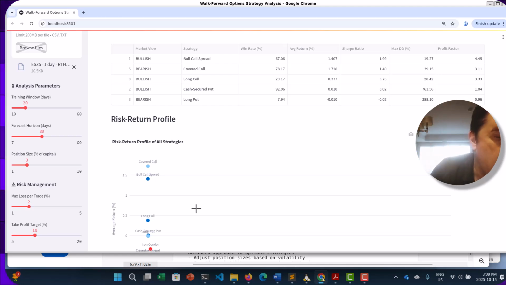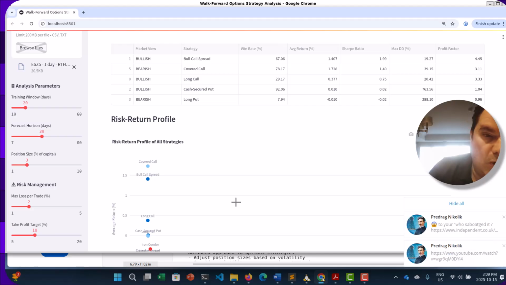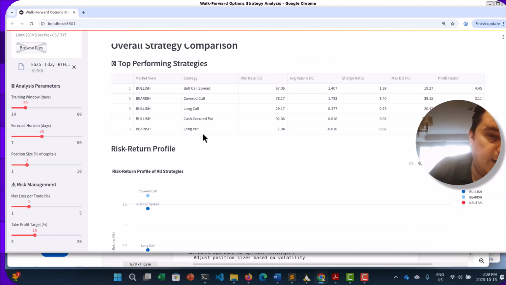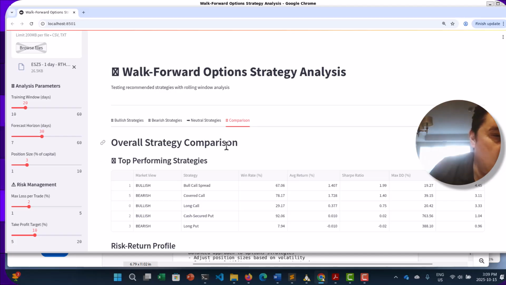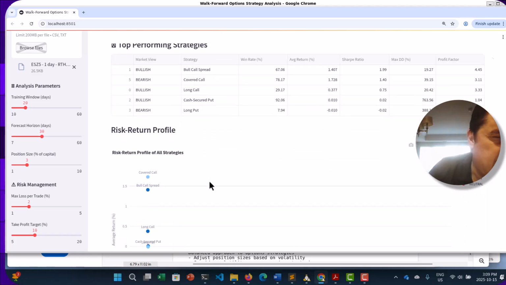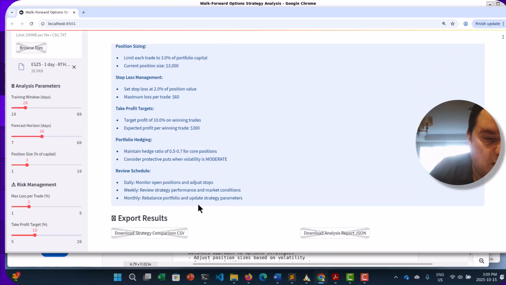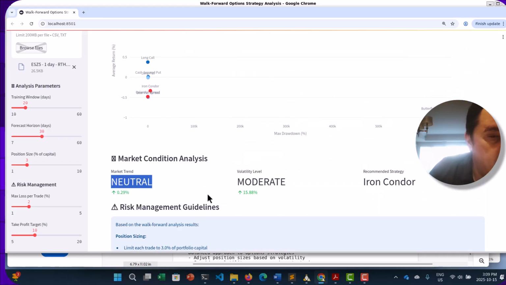Again, everything I've done here is 100% AI generated. So what can we take away from this stuff? What we can take away is which strategy to use. Again, we've got this bull call spread, so we can ask for that. We can also put in the risk management guidelines as part of the creation.